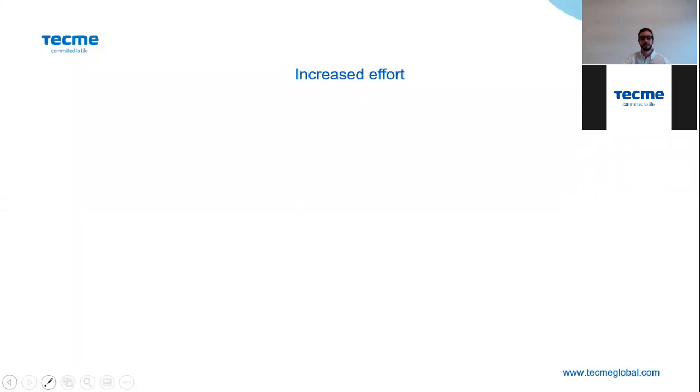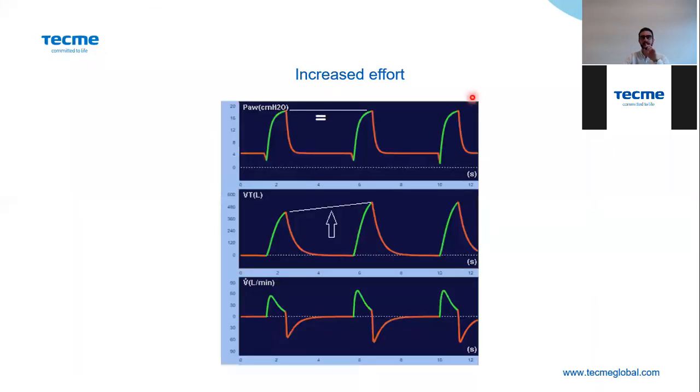Let's go with the results. So, pressure control, pressure support mode, okay? This is a pressure mode. When the patient starts an inspiration, the ventilator will assist the patient delivering the preset pressure.